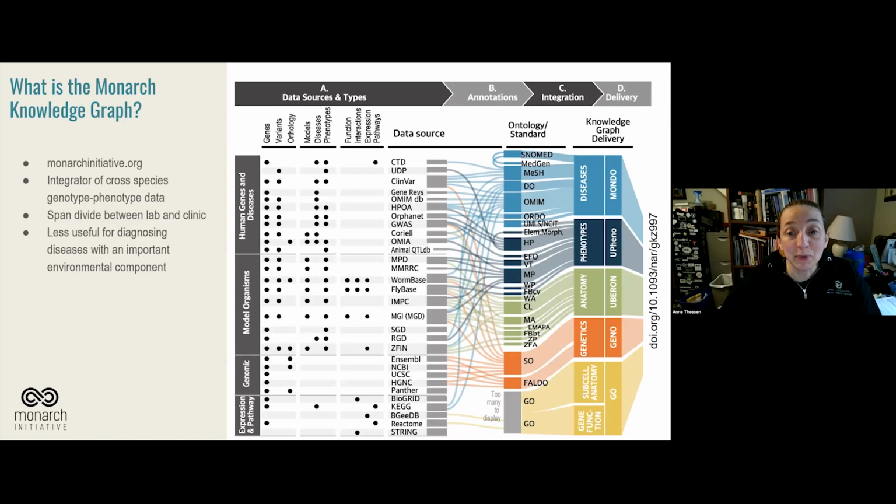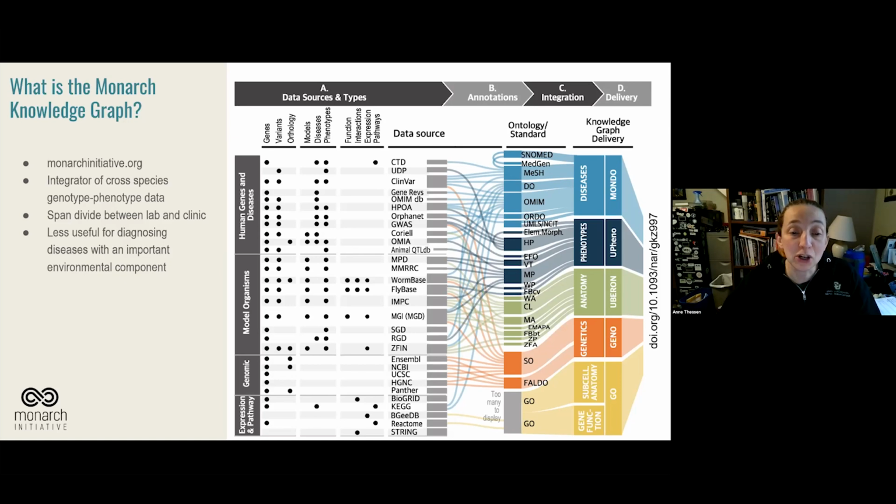So first, we've heard a lot about the Monarch Knowledge Graph, and I know that this webinar series has had talks about Monarch before, so I'm not going to go into too much detail, especially since we're going to have another talk about Monarch after this. But Monarch is basically a knowledge graph that integrates cross-species genotype and phenotype data, and you can interact with this graph at monarchinitiative.org.